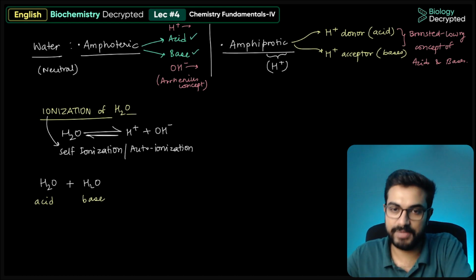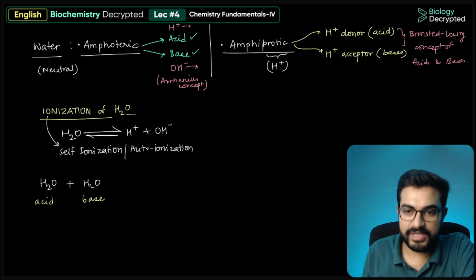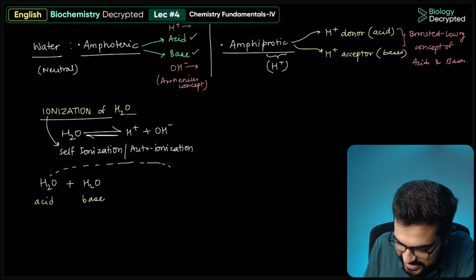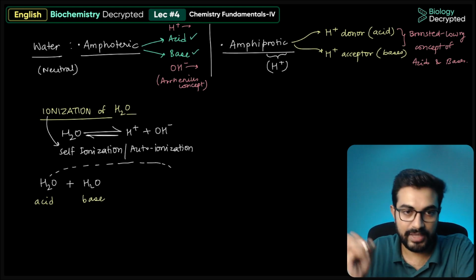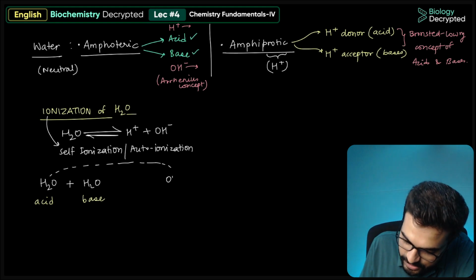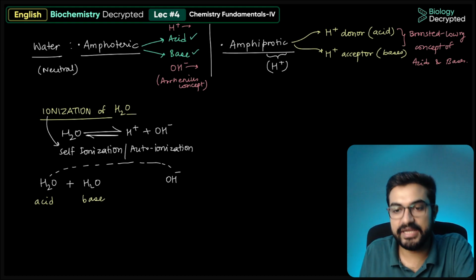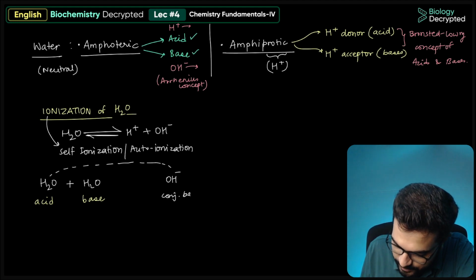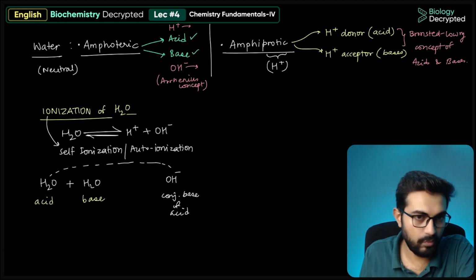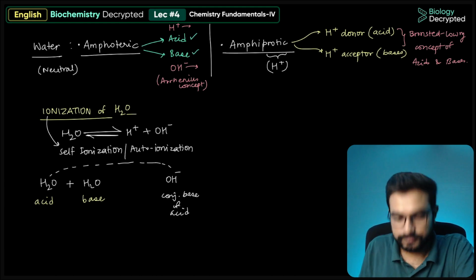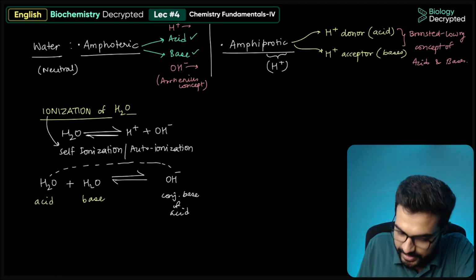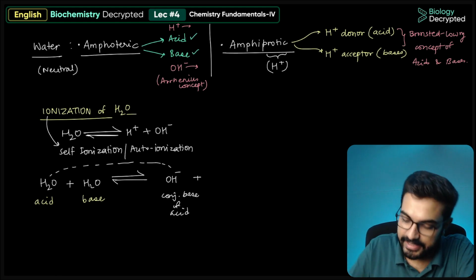Now what we can see here is this particular water molecule can behave as an acid, and it can give away an H plus ion. So what remains is OH minus, and this is the conjugate base of the acid, and obviously here your acid is water. Now obviously there will be an equilibrium symbol here. Now what happens here is very important.